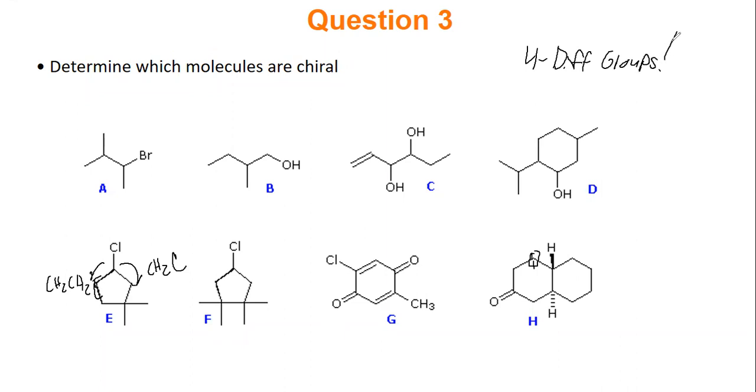There are other ways to determine it. In organic chemistry, you probably learned about planes of symmetry. I don't know, I just don't use those myself. I can look at a molecule and determine if there's 4 different groups. If you like the plane of symmetry, what that means is if you look at F, I can draw a dotted line across it and then fold it up, and it's the same thing.